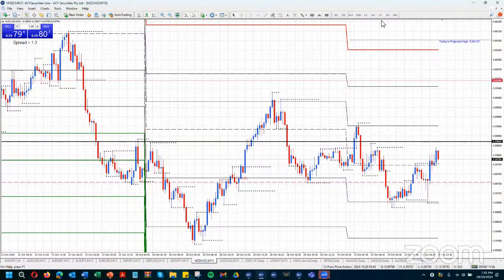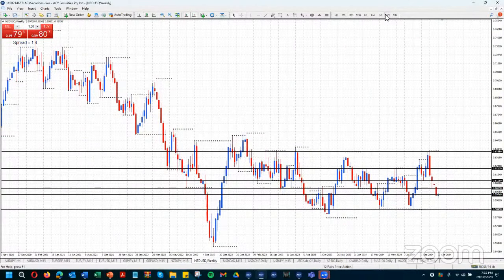For our New Zealand dollar, much like the Aussie, as I've been saying, we have this long-term range, and I am short from the top, and I'm looking to get out down here. Now, can we get down there? It'd be great if we had positive US dollar news all week, because I'm sure we can definitely get down there this week.